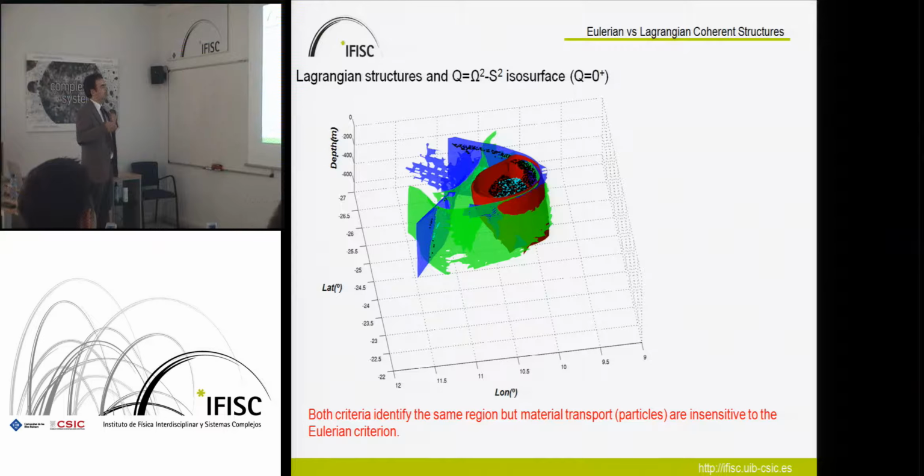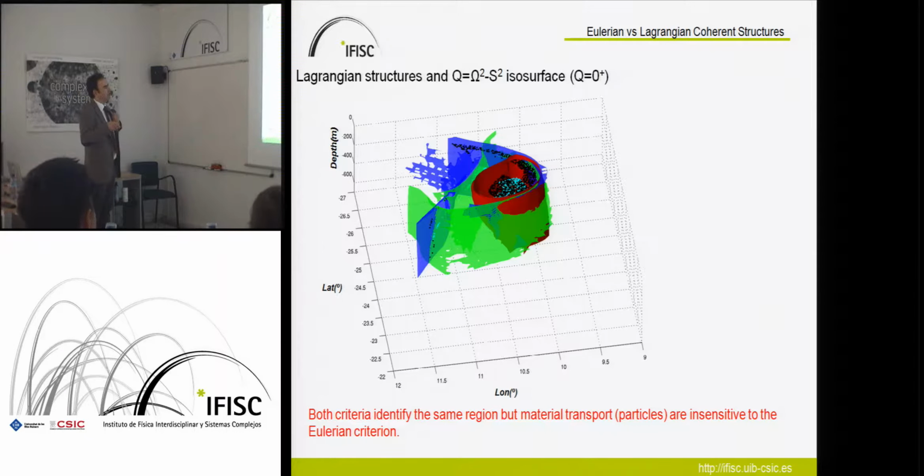And here in red, I show you an isosurface of what is called the Q criterion. The Q criterion is a criterion that is used to identify eddies from an Eulerian perspective. And basically, it is a measure of the relative strength between rotation, here given by this omega squared, and straining, which is given by the S squared.